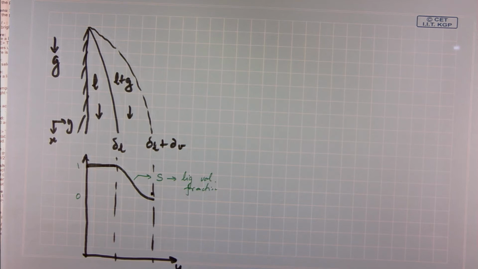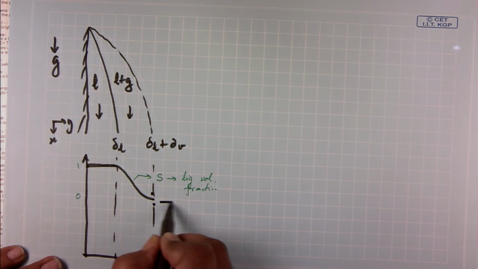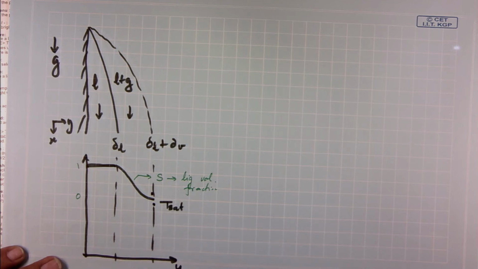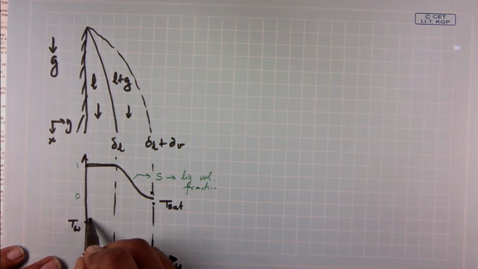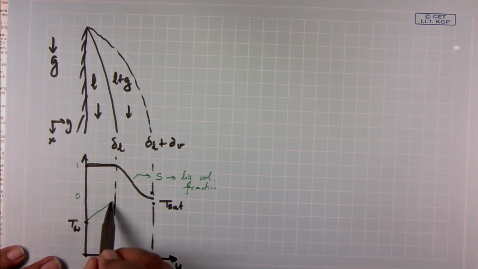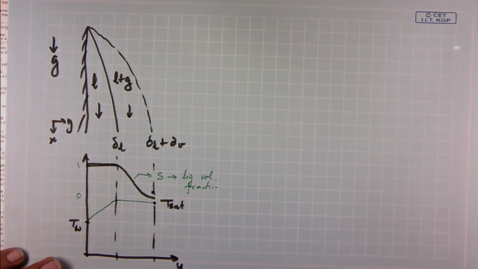Now, tell me what happens to temperature. Of course, temperature over here is T sat, we know that, and at the wall is probably T wall, right. So, the temperature actually goes up like this, and many people say that in the two phase region, even though it is two phase, the temperature is more or less constant, because there is very little condensation, and that too with subcooling that happens on the walls of the solid phase.